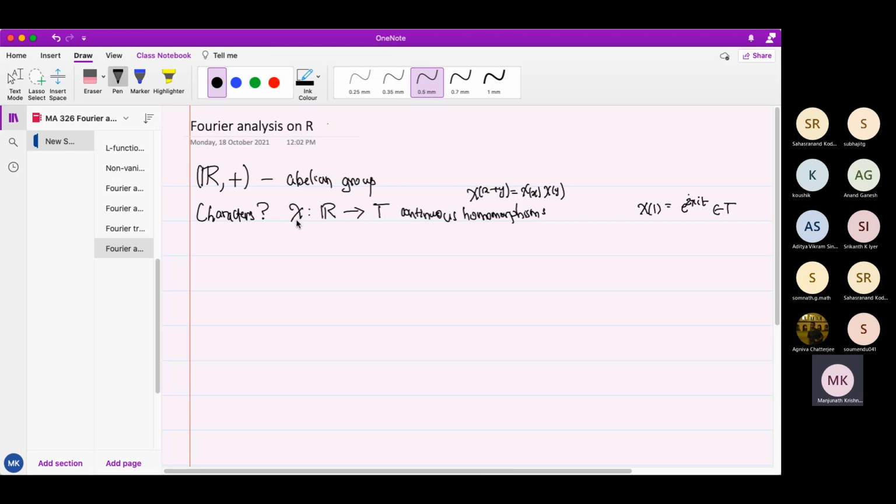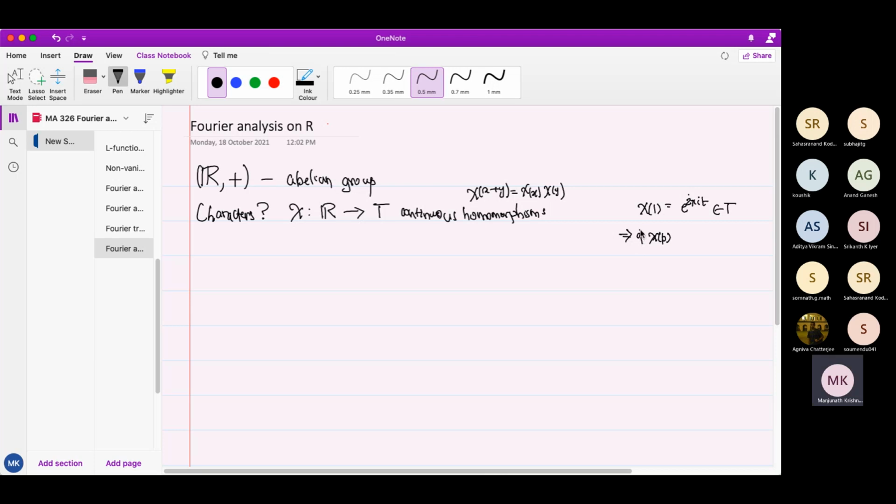There it was cyclic, so you took a generator like 1 and you have to figure out where chi of 1 is. Now the real line is not a cyclic group, of course, but sending any point, if we figure out where it goes, then this determines chi for all integers.